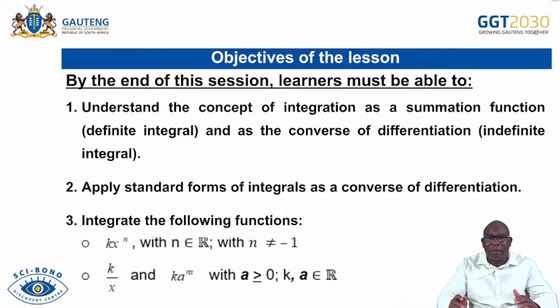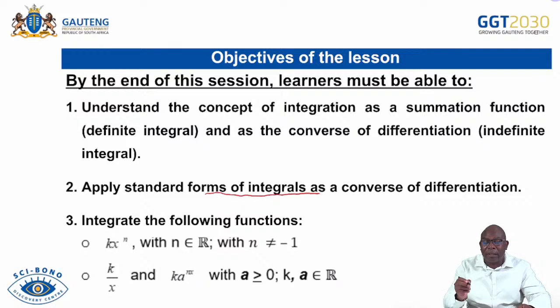In other words, it's a reverse of what we have done earlier in term 1, which is differentiation, which is called the indefinite integral. Number 2, we must be able to apply the forms of integrals as a converse of differentiation. So we must be able to use the rules to do this integration. Number 3, we must be able to integrate the following.